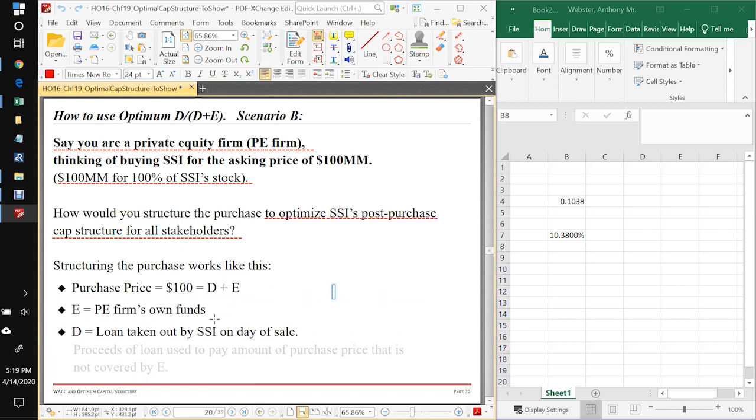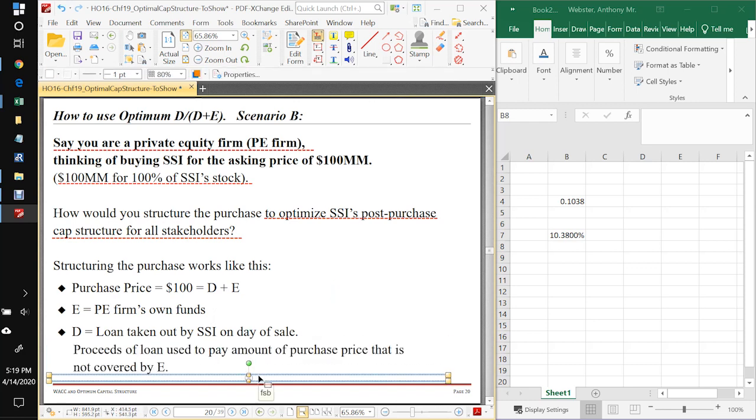So here we have it. E is going to be your firm's own funds that you're going to put toward a portion of this purchase price. And D is going to be a loan taken out not by you. This is very important. This is a loan that's going to be taken out by SSI, your target takeover company itself, on the day of the sale.